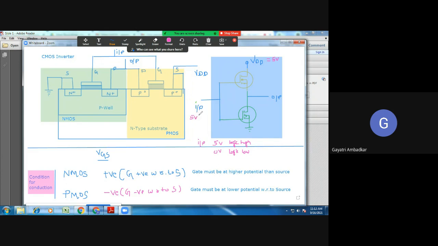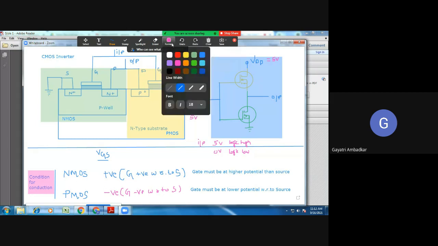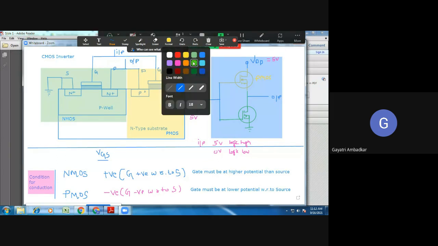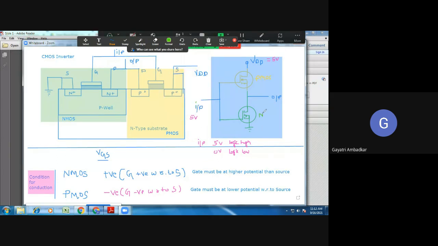Now tell me the status of both NMOS and PMOS. This is your PMOS, and this is your NMOS. When I have applied 5 volt, high voltage, what is the status of gate with respect to source for NMOS and PMOS?